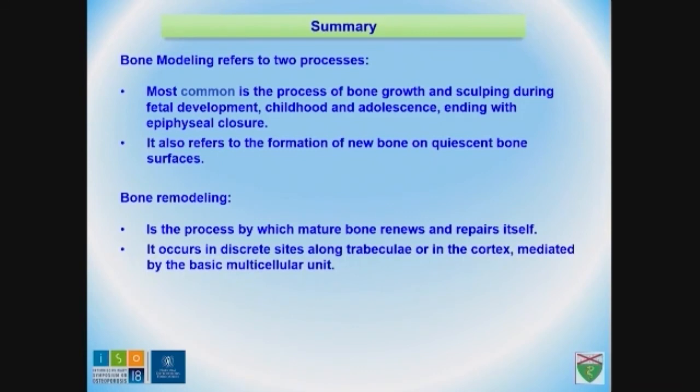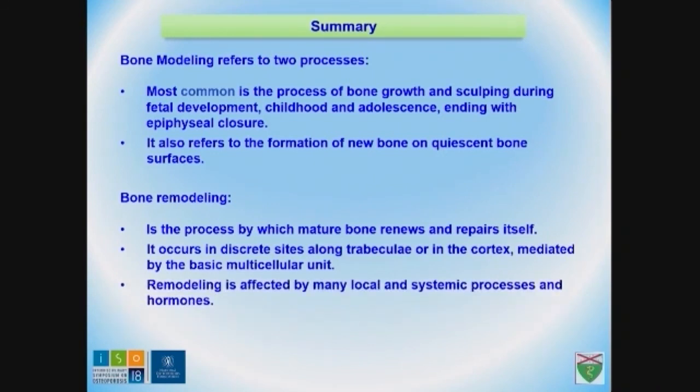It occurs in discrete units, sites along trabecular cortex, mediated by the basic multicellular unit. As I hope you remember now, that process is not a linear process, but really a patchwork process, which is really kind of interesting, and it shows you that if you don't recruit osteoblasts fast enough, that process continues to go on, and you really need to turn off osteoclasts by turning on osteoblast recruitment.